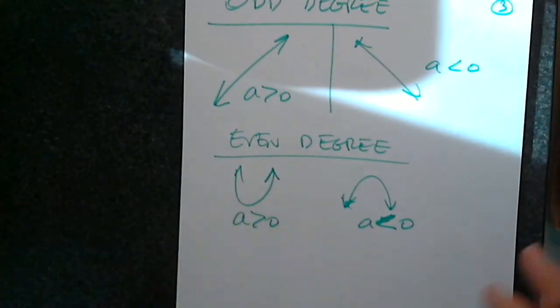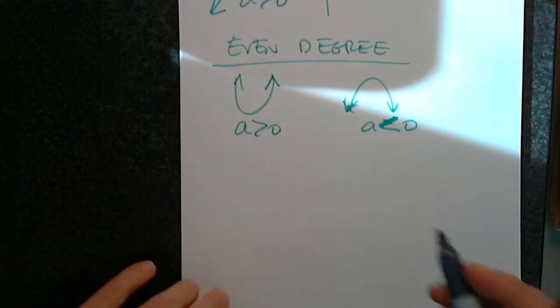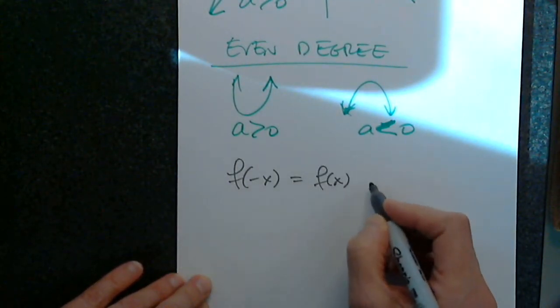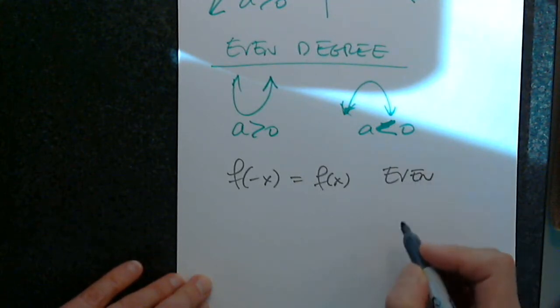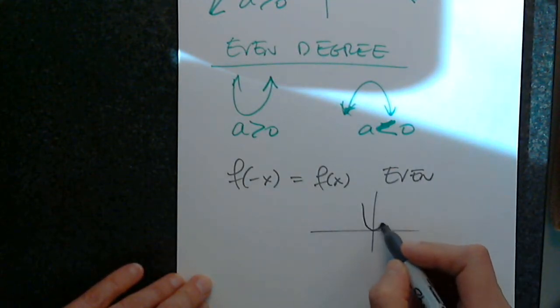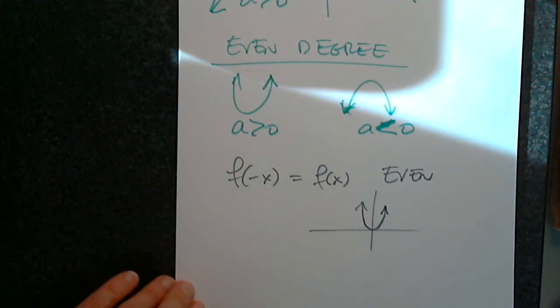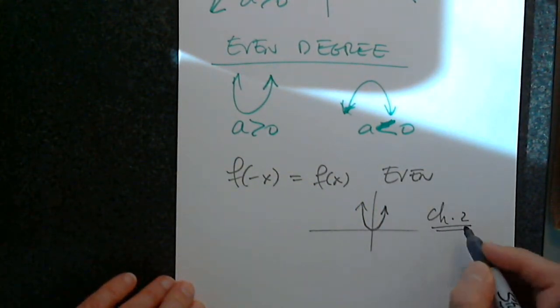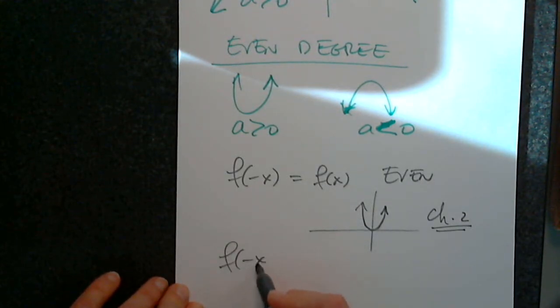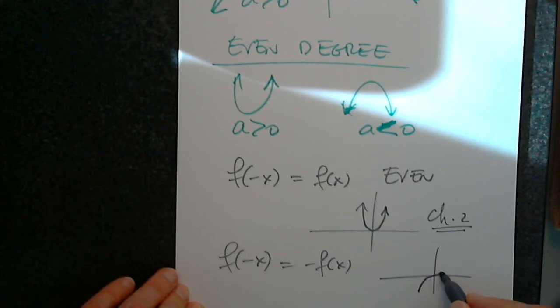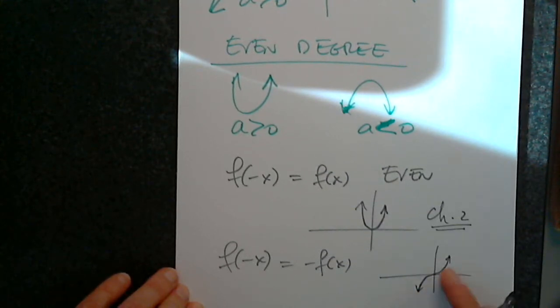So in chapter 2, so you know where it's coming from, we proved that f of negative x equals f of x, the function is even, and it looks like this as an example. We use this example to prove that. So this is from chapter 2. And if it's f of negative x equals negative f of x, we proved with this function symmetry with respect to the origin.